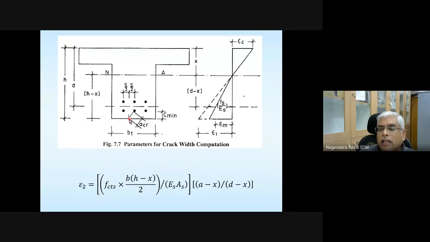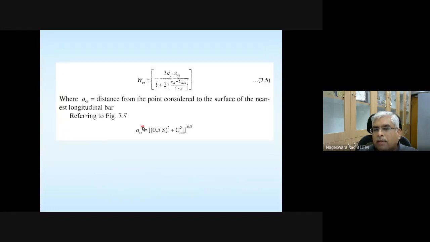Crack width is going to be the maximum between the rebars, mostly midway between the rebars, or at the corner. Either the crack width is going to be maximum at the corner or midway between the rebars. Is it clear?